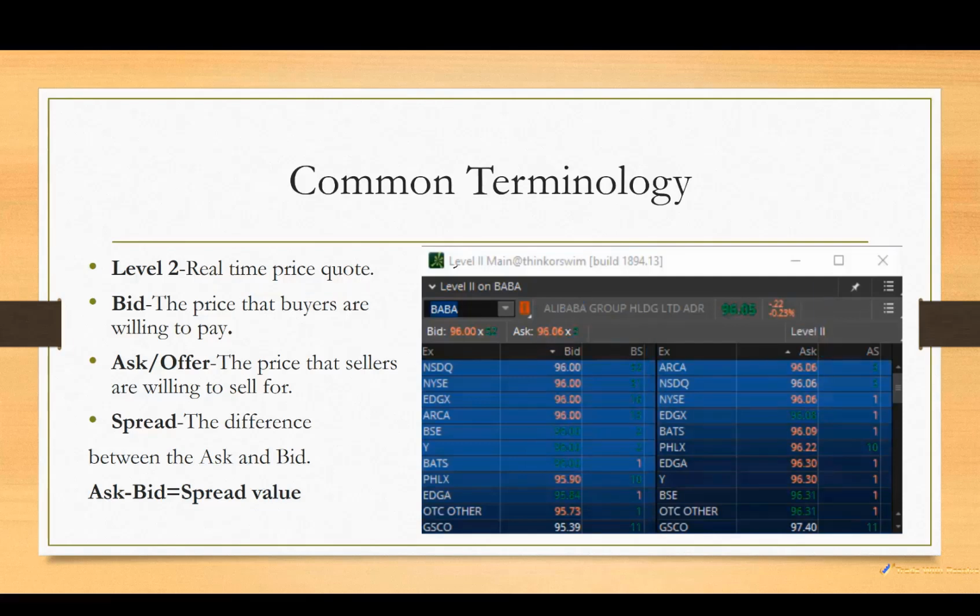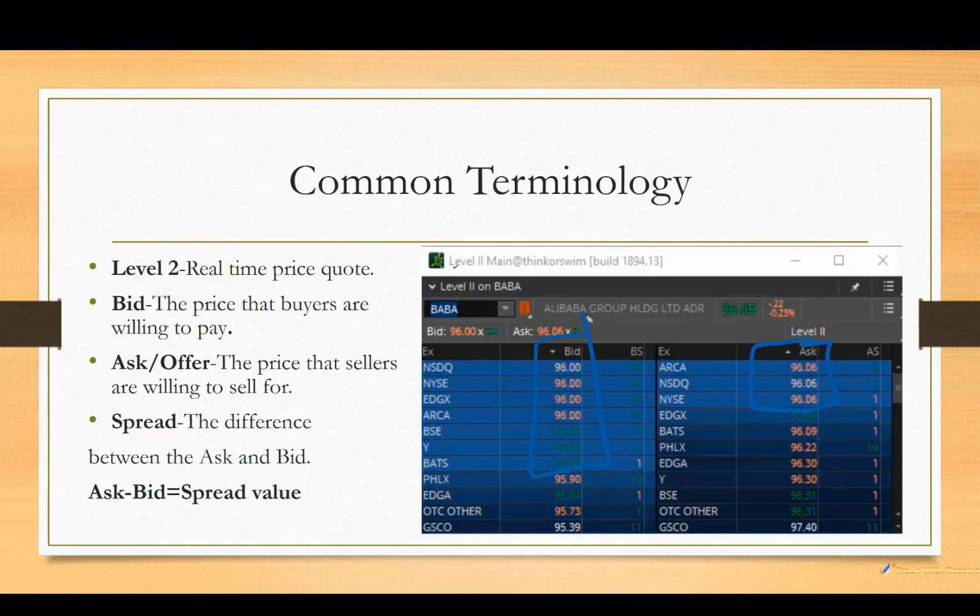Another concept that you should know and understand is how to determine the spread. And the spread is simply the difference between the ask and the bid. So we see here that the ask is currently $96.06 and the bid is $96.